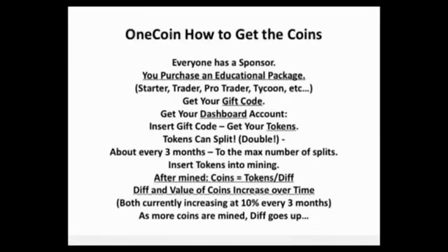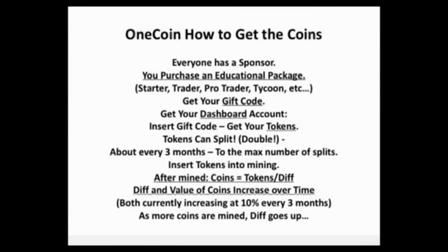Because as more mining is done, it's supposed to be more difficult. This allows people coming in later to have a little bit more difficulty than the people that came earlier. So as more coins are mined, the difficulty goes up, but everything is still very low. Right now the difficulty just went up to 70, and the value of the coins went up to $8.26.